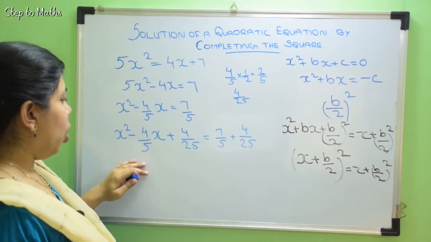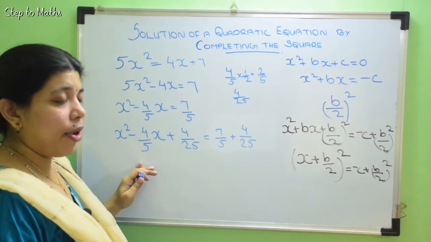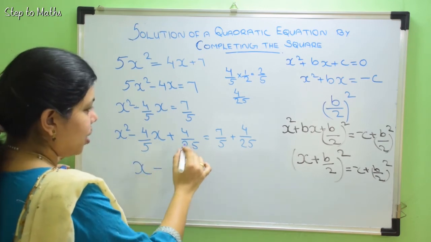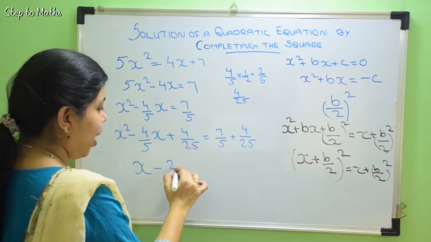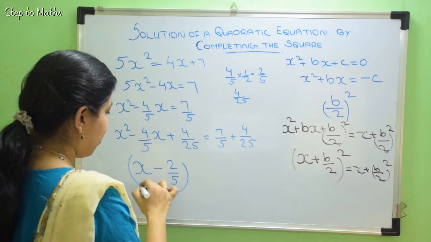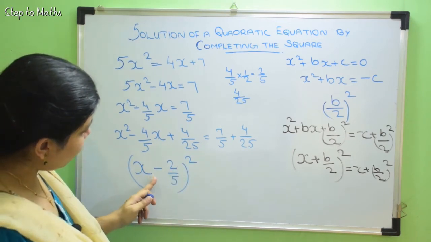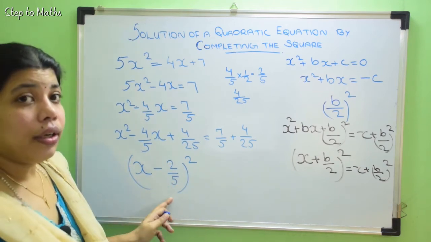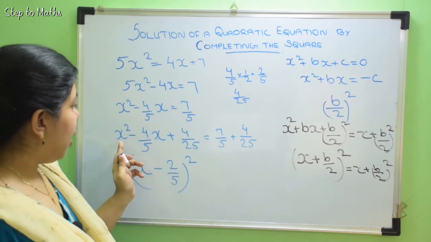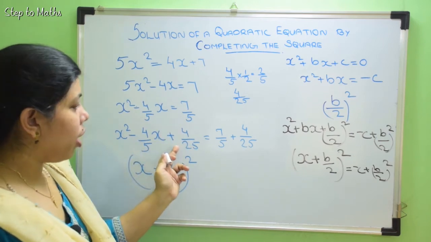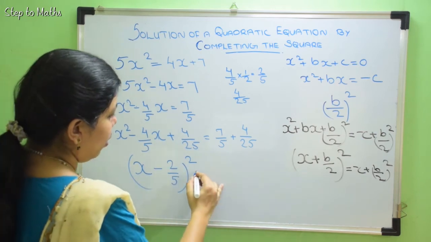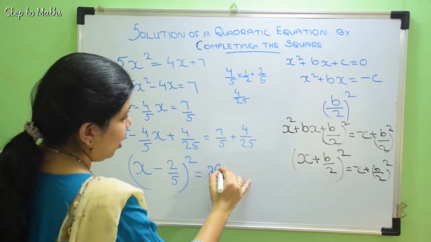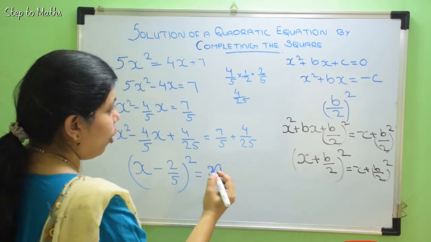Then how can we represent the left side in the form of a perfect square? x, here minus, so minus, and take its root 2 by 5 square. x minus 2 by 5 square. If we expand this one, we get x square minus 4 by 5 x plus 4 by 25. That is equal to, what is this value? 39 by 25.